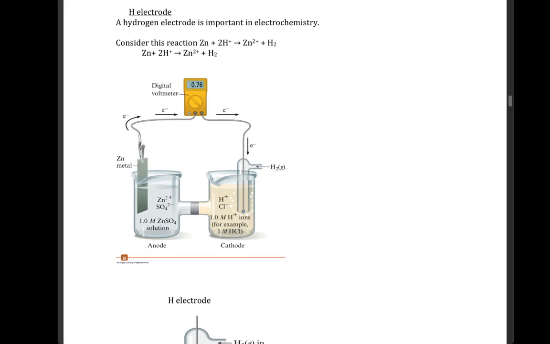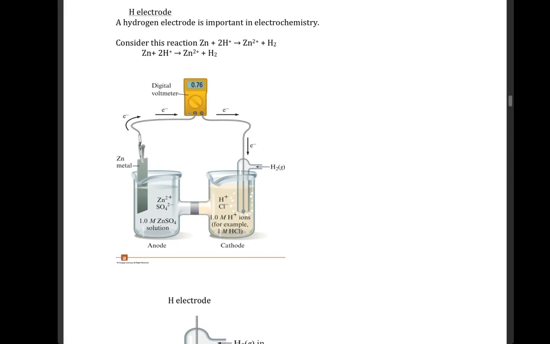There we have the reaction occurring where H+ is taking on electrons to give us H2. Notice that that half reaction involves H+ and H2. It has no piece of metal. We need a piece of metal in order to allow for the electrons to flow, to be the conducting material.